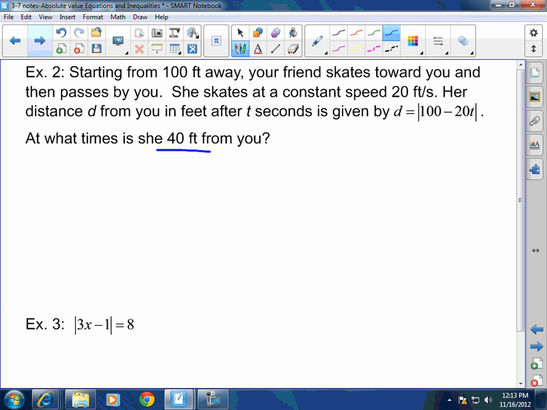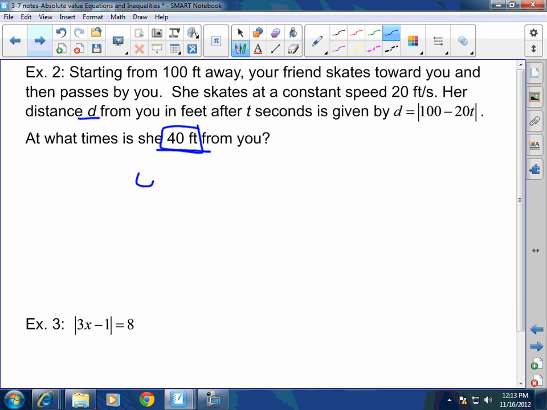Didn't it just tell you that her distance d from you in feet after t seconds is given by d equals the absolute value of 100 minus 20t? At what times is she 40 feet from you? What would 40 feet be, guys? A distance or the number of petals on a flower? It would be the distance, right? Come on, guys. Focus. Pay attention, please.